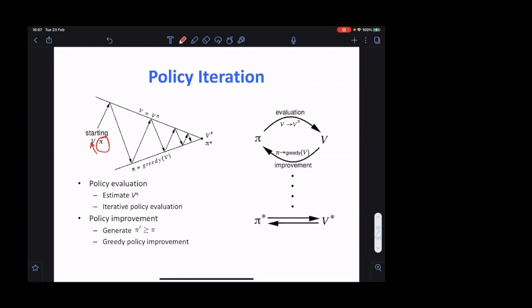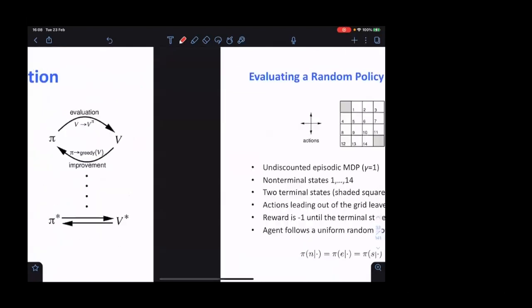In other words, if I follow this pi, what expected reward am I going to receive? So you have an accurate assessment of this policy. Once you have that, you do this gradient update to update your policy again, and then iteratively you converge to the optimal one.